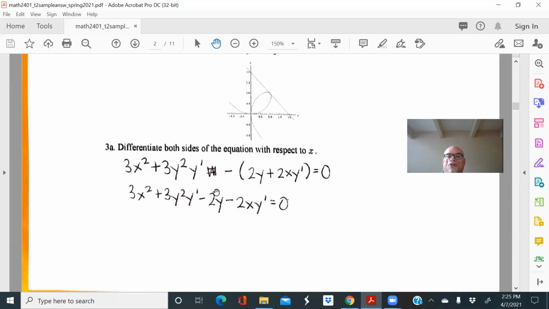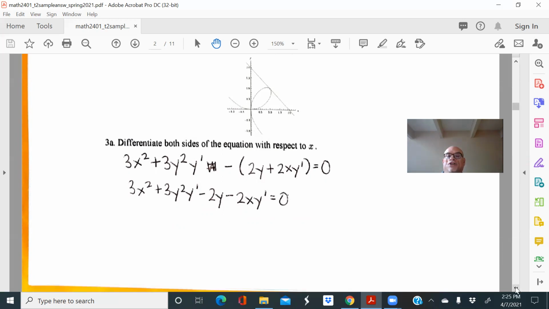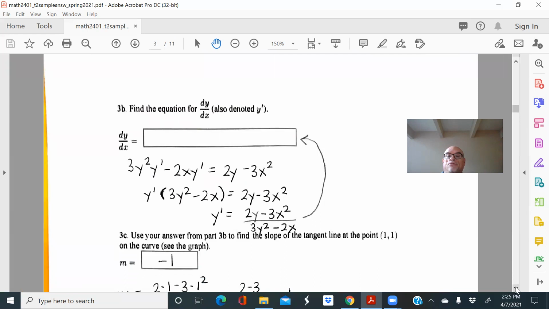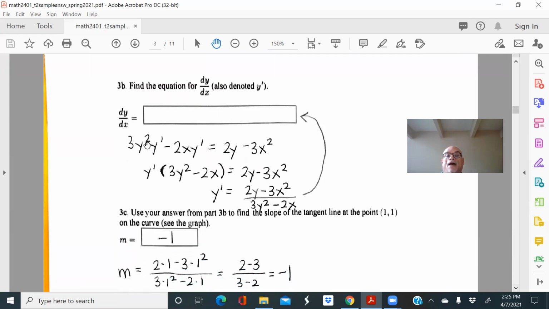And then the other two terms that don't involve y prime, I'm going to move to the other side of the equation. So I'm going to pull this term and this term back over to the right-hand side of the equation. And when I do that, I have to change their signs, right? So that's what I've done in this line. I moved these two terms that were on the left-hand side originally back over to the right-hand side, and when I did that, I changed their sign.